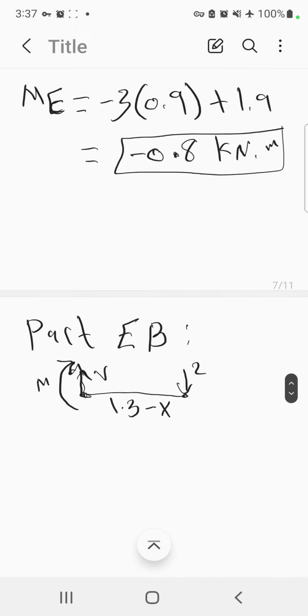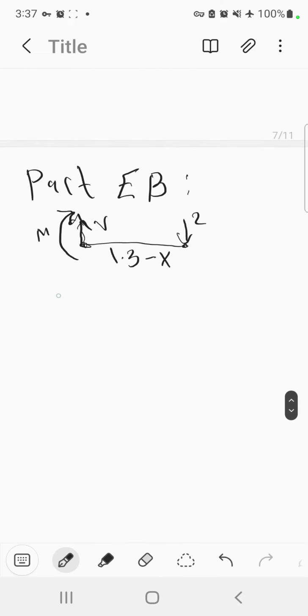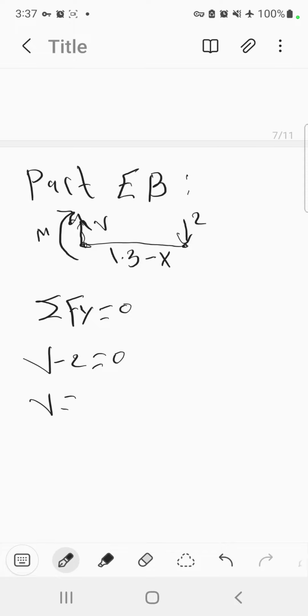So now the summation of Fy equal to 0. So we know V minus 2 equals 0, so V equal to 2 kilo Newton.